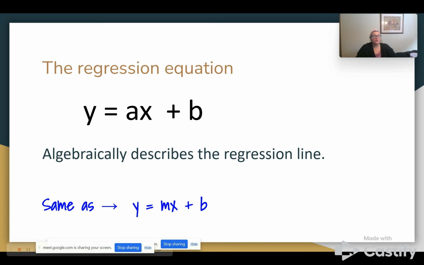If your slope is positive, then your line is increasing. That would have a positive regression. If your slope is negative, then similarly, the line is decreasing. It is a negative correlation. And then the b represents the y-intercept, where it crosses the y-axis.